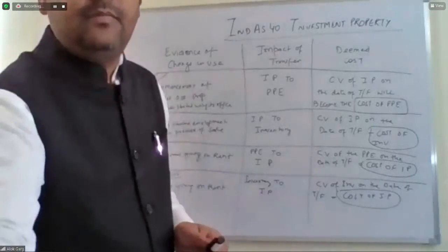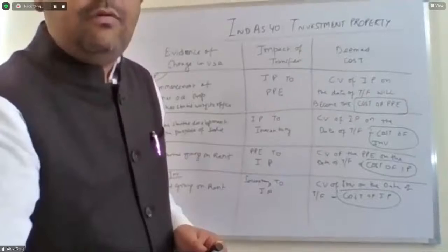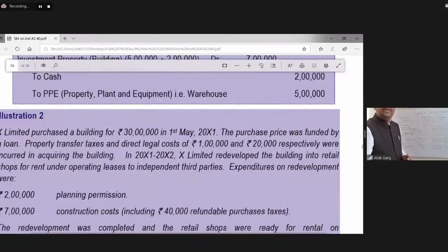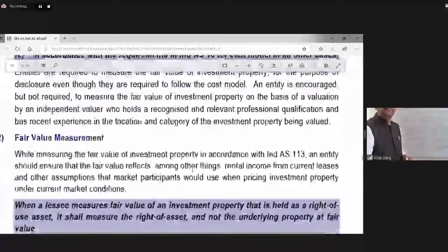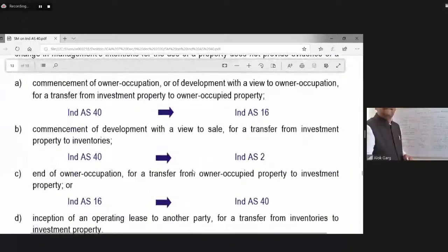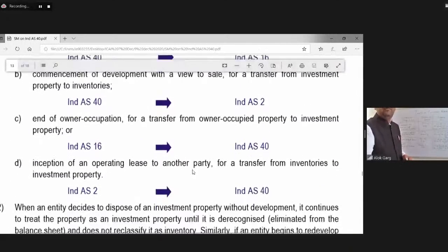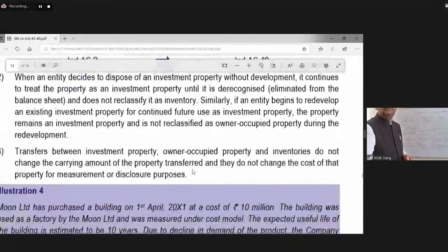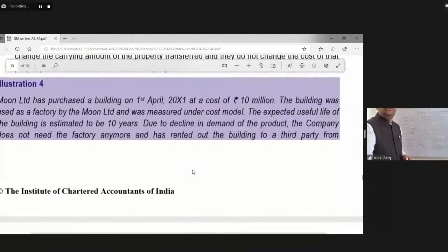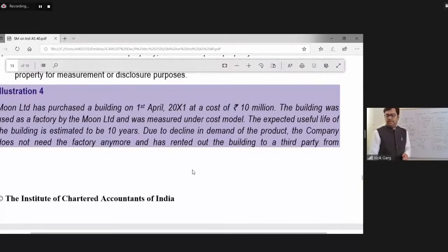Okay, great. So friends, now we are moving on to a case study given in the Institute study material. Illustration number 4, page number 7.335.